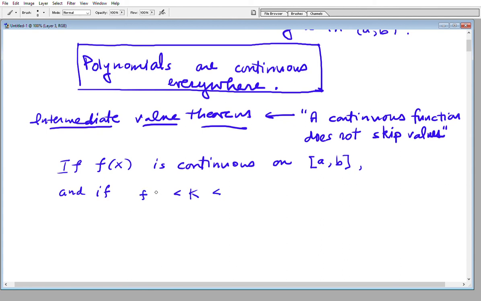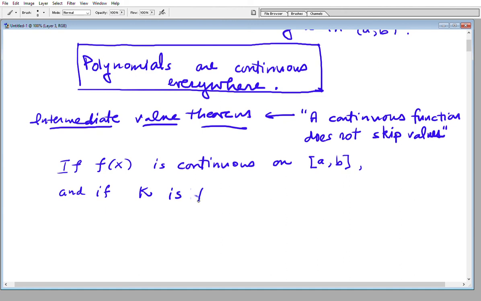It doesn't have to be necessarily. Let me just write it out in words. K is that value that won't be skipped over.